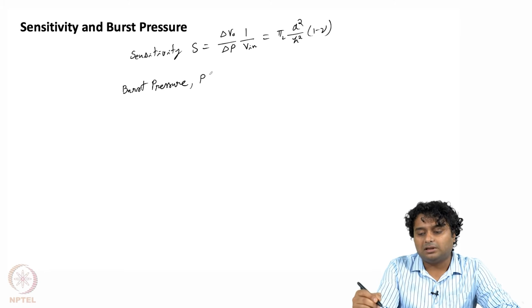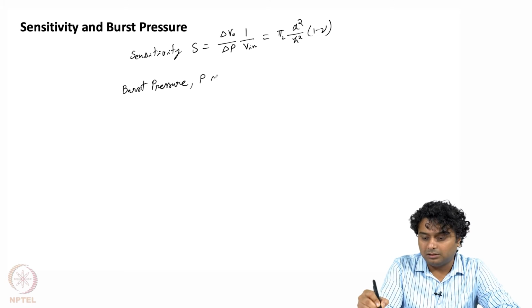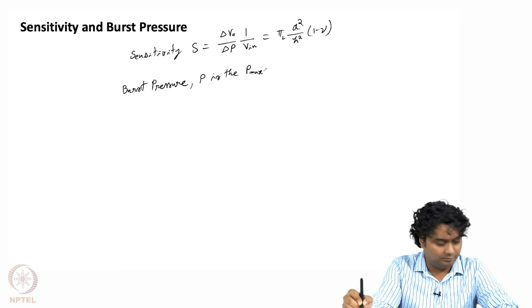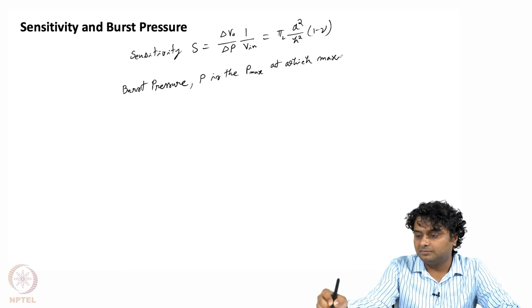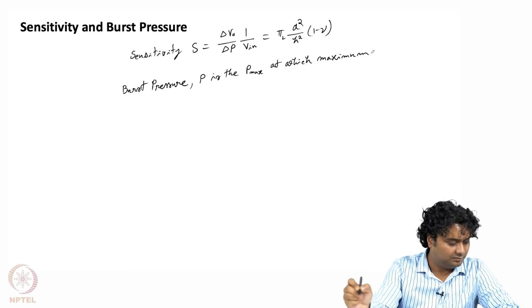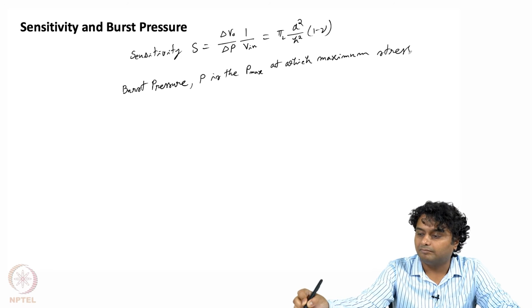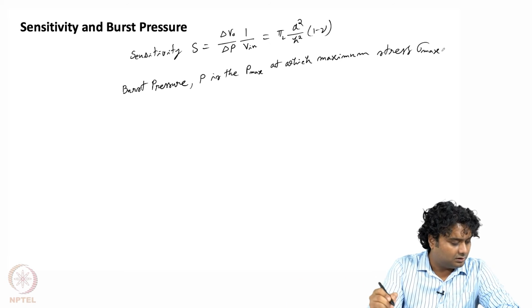So, if we apply more than P burst or burst pressure, then the membrane will get damaged or membrane will burst or membrane will break. Okay. So, burst pressure, sigma max.